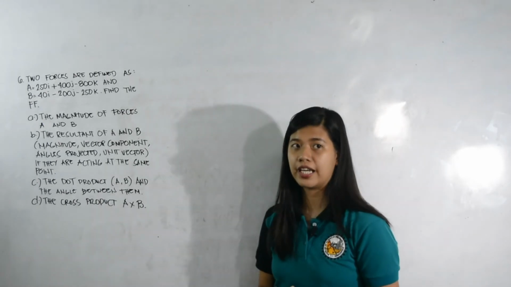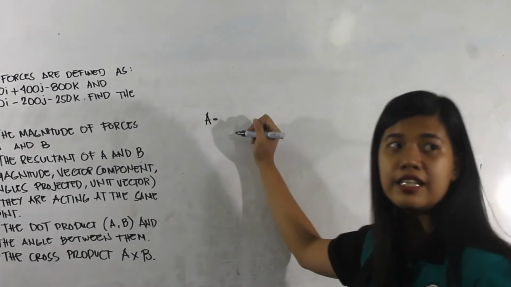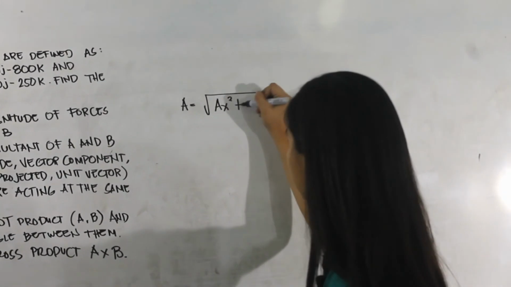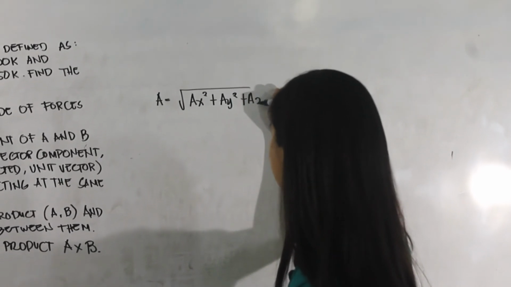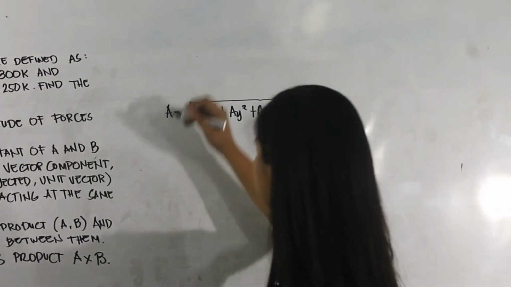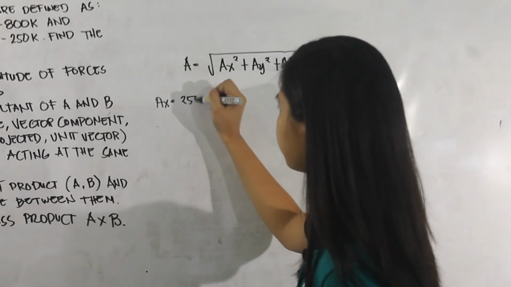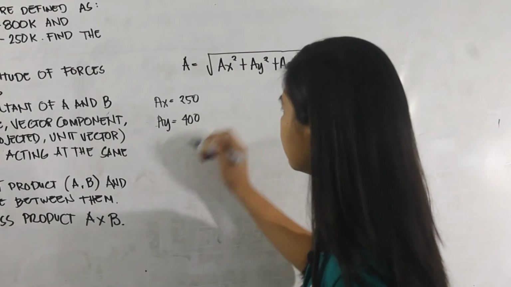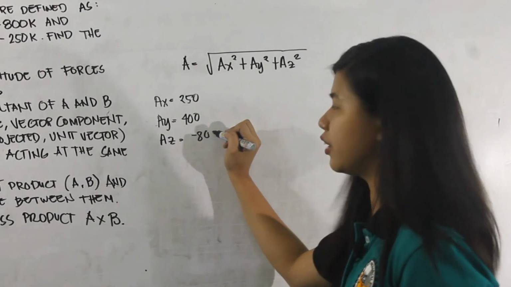So for letter A, we have this equation: A equals the square root of AX squared plus AY squared plus AZ squared. Take note that our AX is equal to 250, our AY will be 400, and AZ is negative 800.